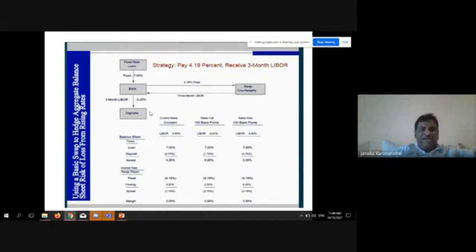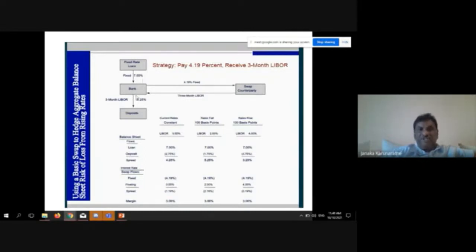Now, if your current 3 months LIBOR is 5%, how much are you going to pay your depositors? 5 minus 0.25, 4.75. You receive 7. So that means your spread is 2.25%, right?